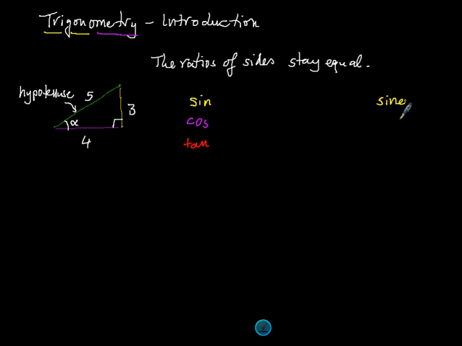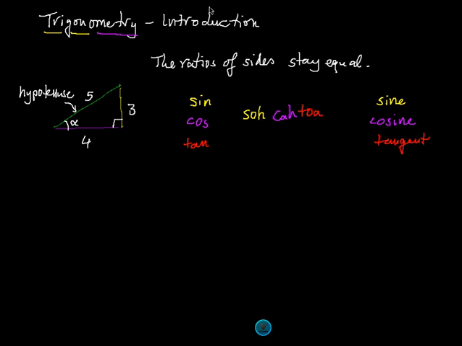This is the sine, this is cosine, and this is tangent. But we usually use these abbreviations here. And I'm going to give you this mnemonic here. You're going to see how this will be useful in a moment.